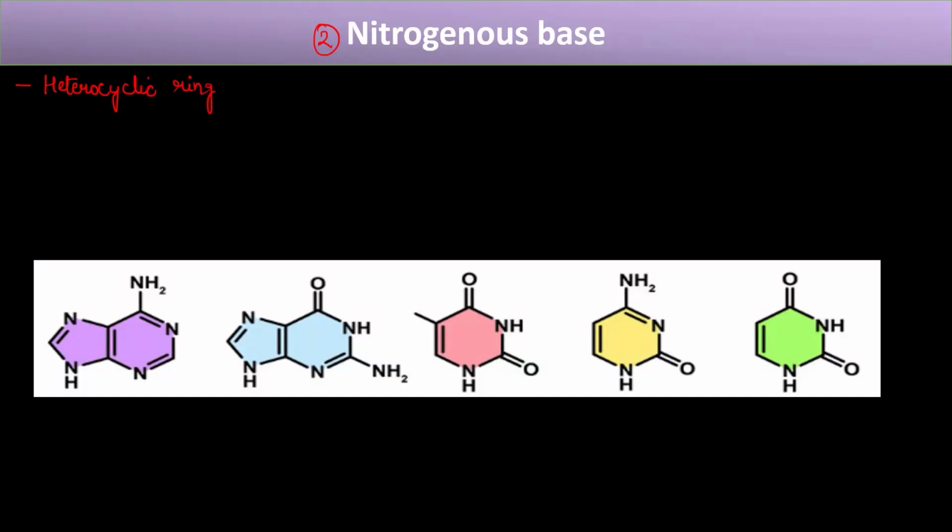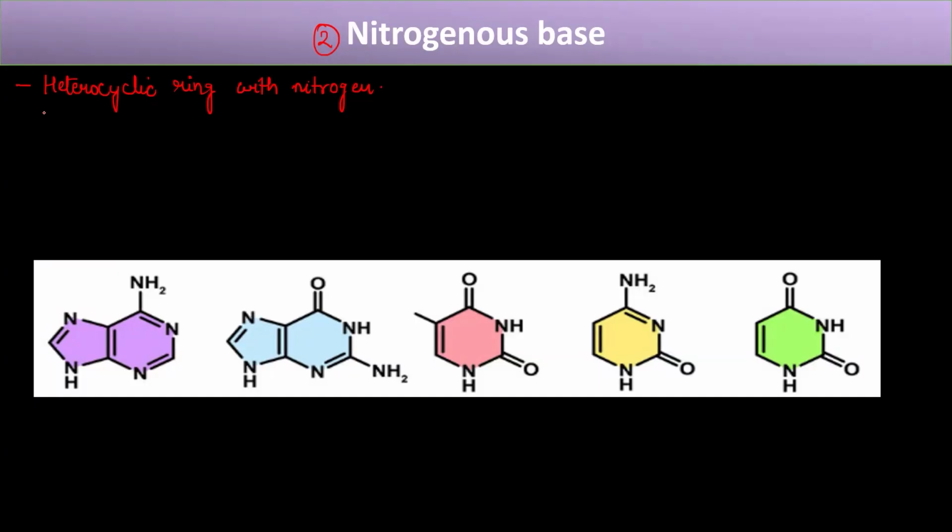Homocyclic means only one type of atom. If it is made up of carbon, then the whole ring will consist of carbon. Heterocyclic means it has more than one type of element present in that ring. So it is a heterocyclic ring with nitrogen. It means this cycle has both nitrogen and carbon, and hence it is known as nitrogenous base.